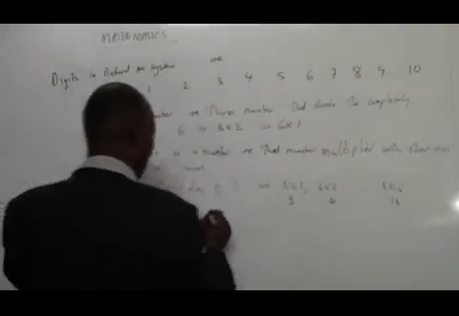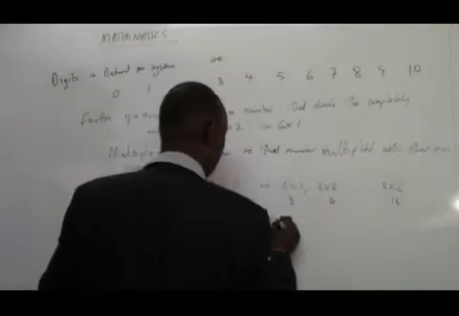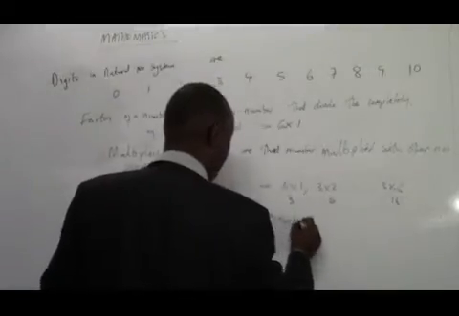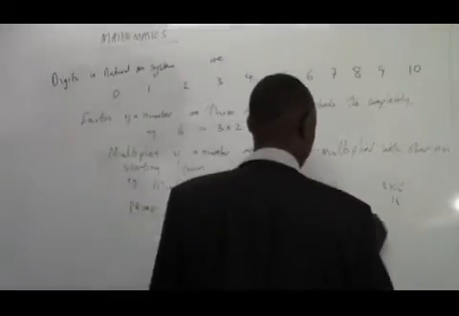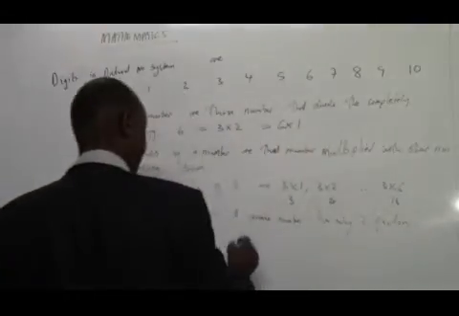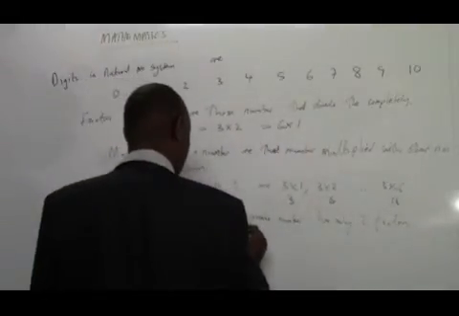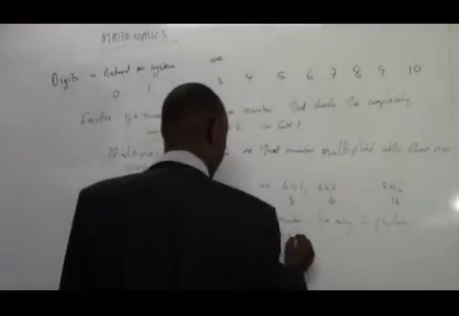So a prime number has only 2 factors: 1 and itself.